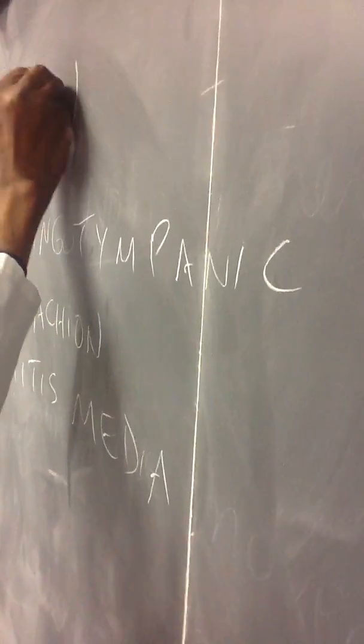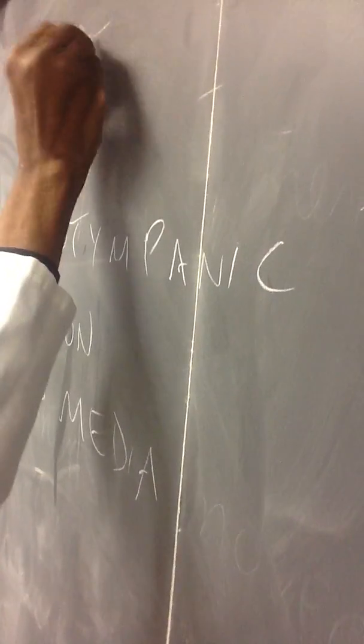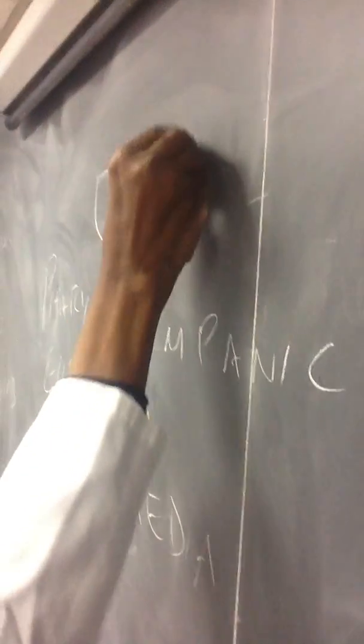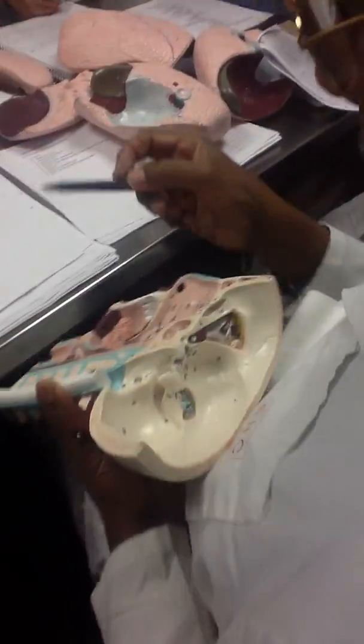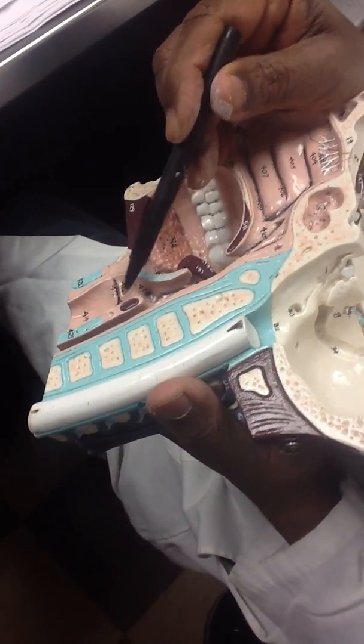In the back, however, there's a muscle, and this muscle is called the trachealis. So here, this would be the trachealis muscle. Right here. That's the trachealis muscle.